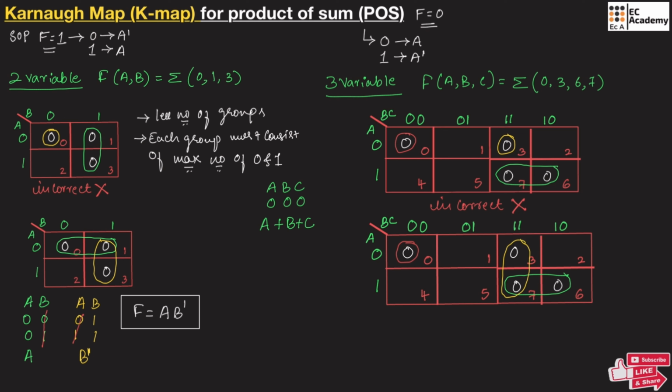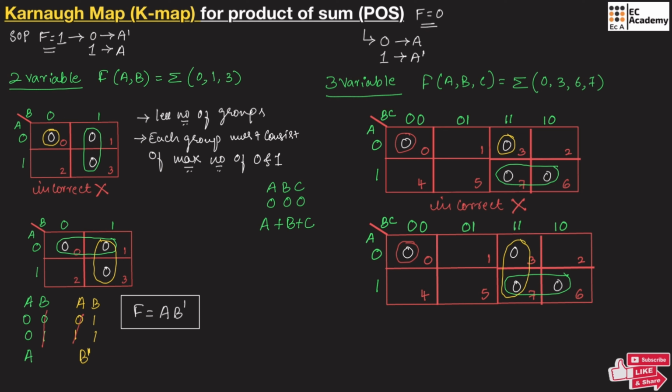For the next group represented by green color, for this 0 we can write 1, 1 and 1, and for this 0 we can write 1, 1, 0. So for A, B and C we can write 1, 1 and 1, and for the other 0 as 1, 1, 0. If you observe here, C is having different values.